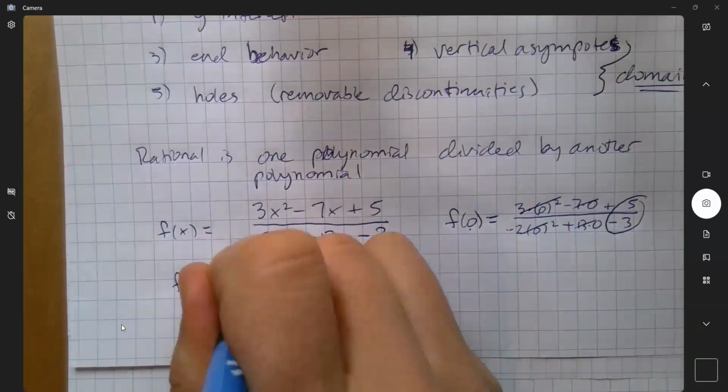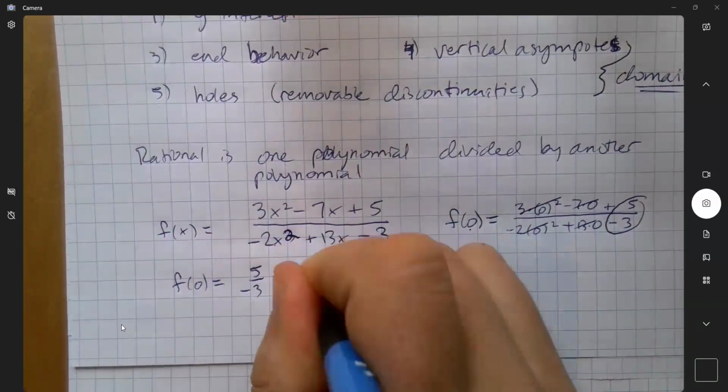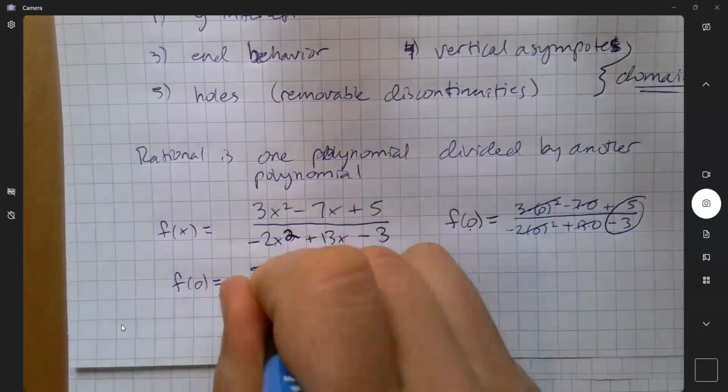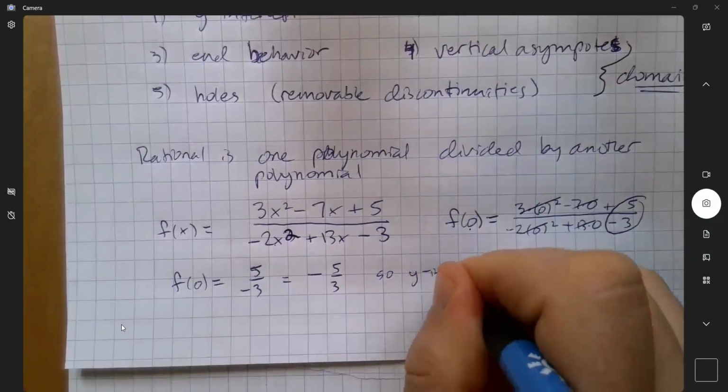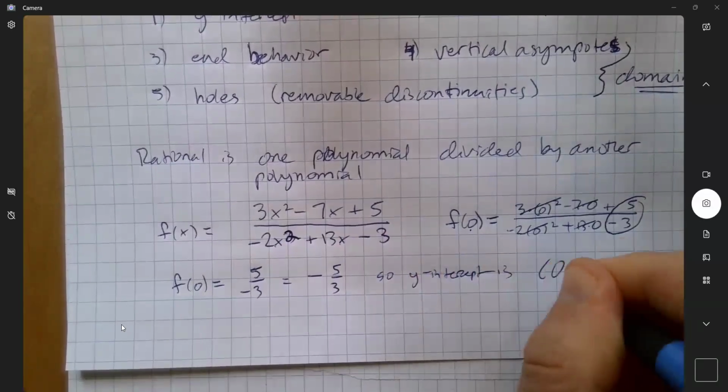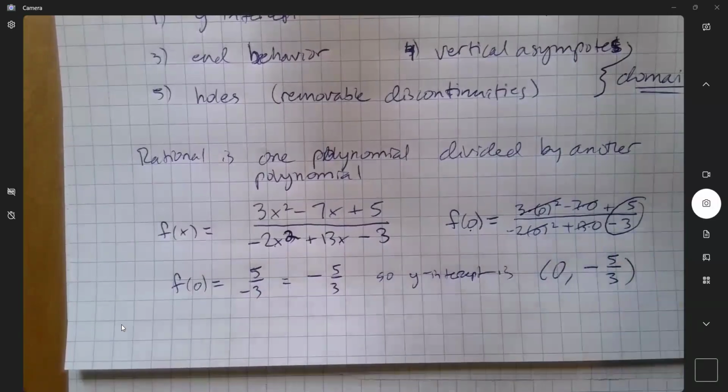So f of 0 is 5 over negative 3, or we might write that as negative 5/3. So the y-intercept is 0, comma, negative 5/3.